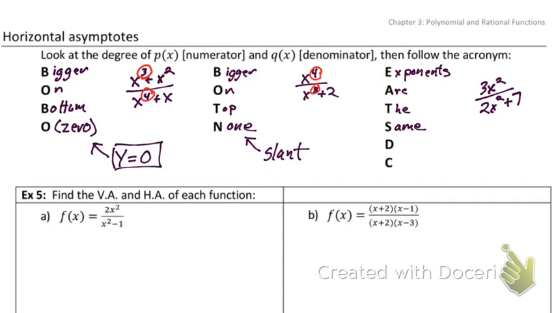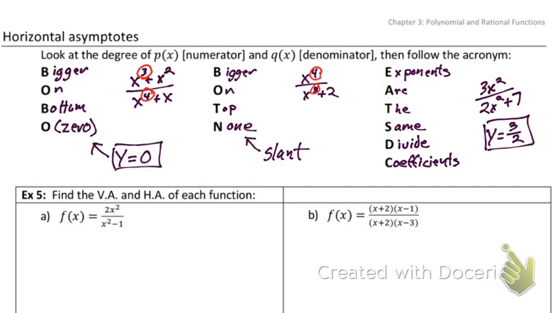What you're going to do is divide the coefficients. In this case, we have 3 in front and 2 out front, so we're going to have y equals 3 over 2 as our horizontal asymptote.